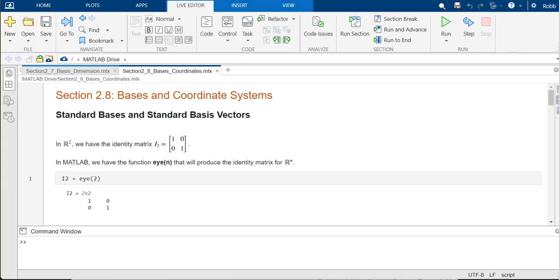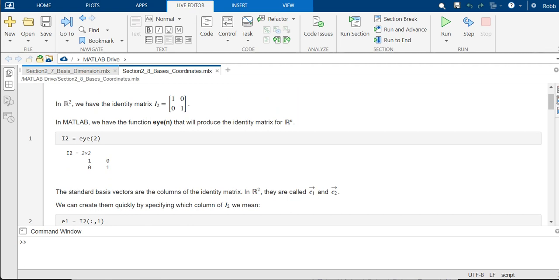Okay, so in MATLAB, we have this nice function, I, EYE. This is fairly standard notation: I sub 2 means the standard identity matrix for R sub 2, and I sub 7 would be the standard identity matrix for R7.